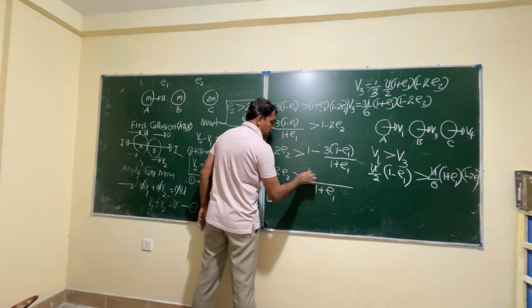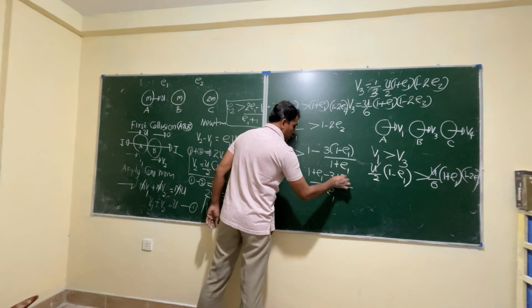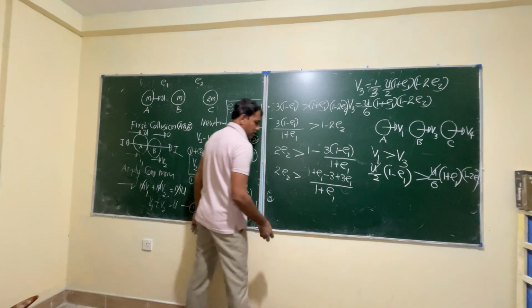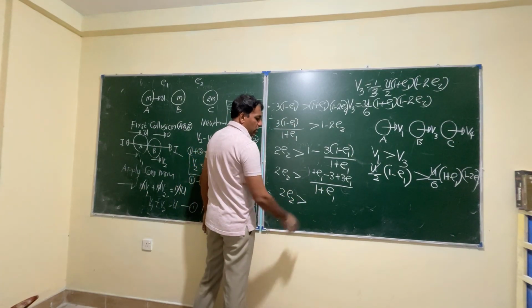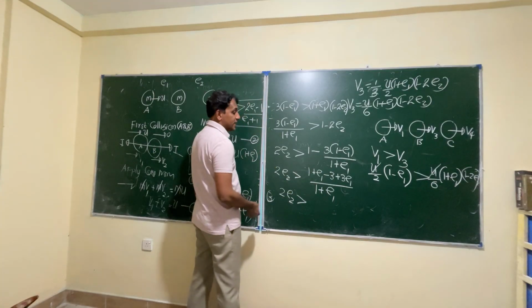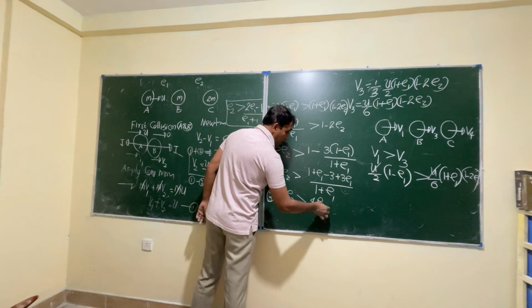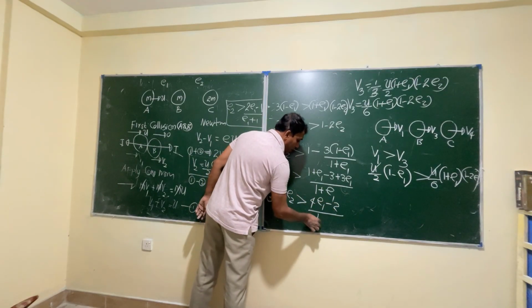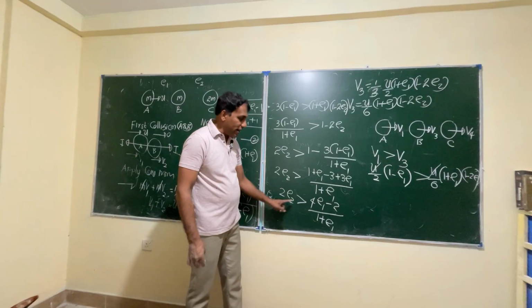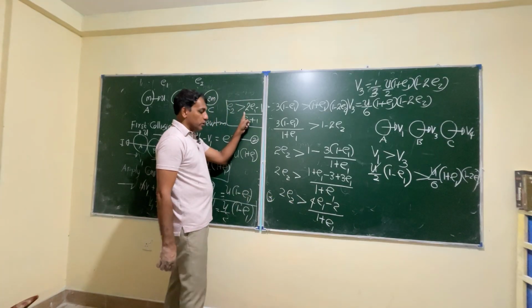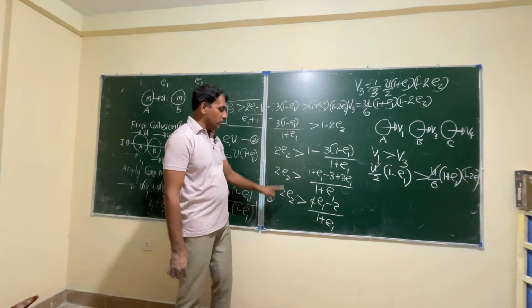So here 1 plus E1 minus 3 plus 3E1. Therefore 2E2 greater than 4E1 minus 2 over 1 plus E1. That's 2E2. Therefore divide by 2.